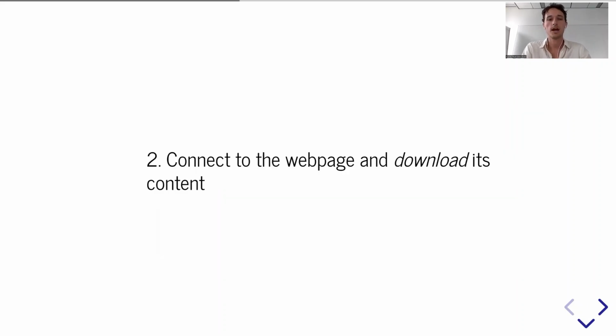So now we have 5 links, and we need to do something with these links. We want to connect to the web pages of these links, and then we want to download their content. So remember, this is the second step of our web scraping recipe.